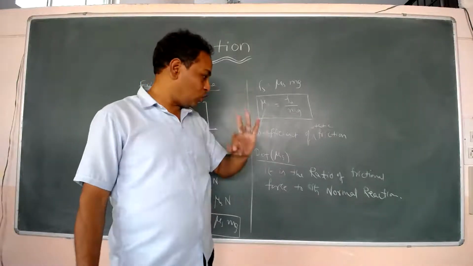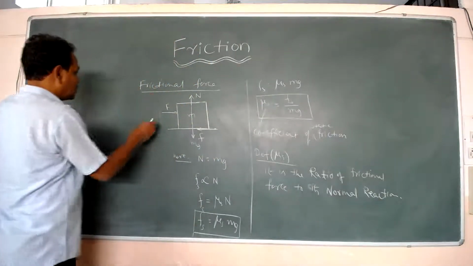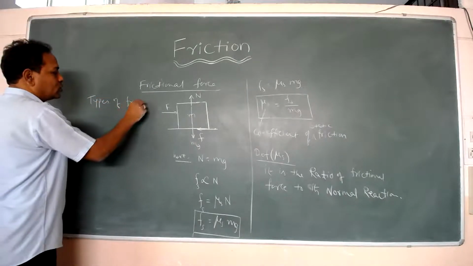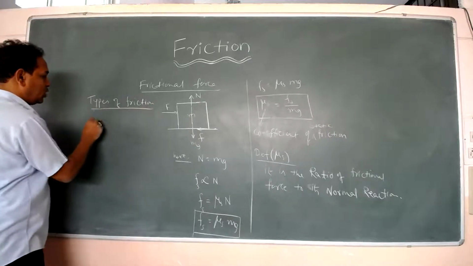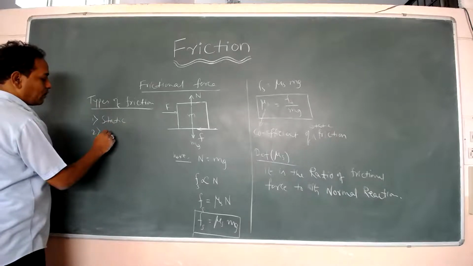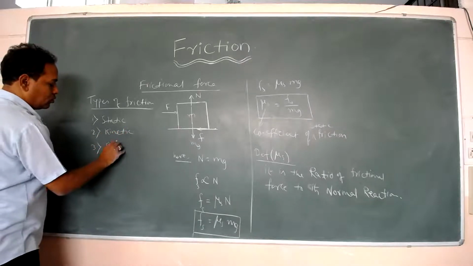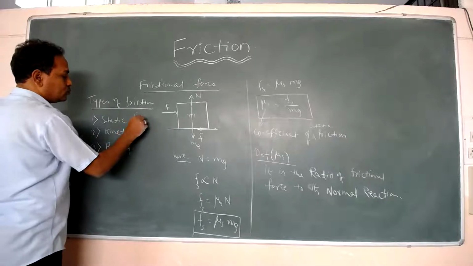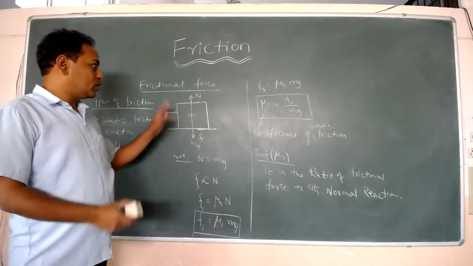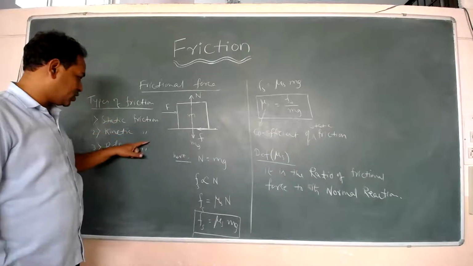There are three types, and of those we have studied static friction already. So the types of friction are static, kinetic, and rolling.